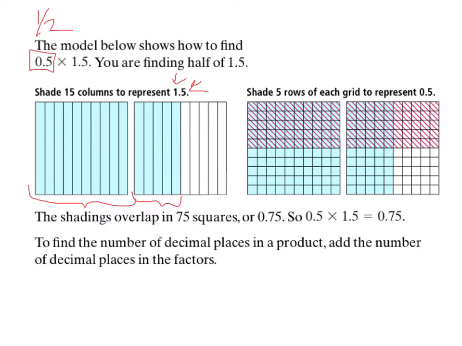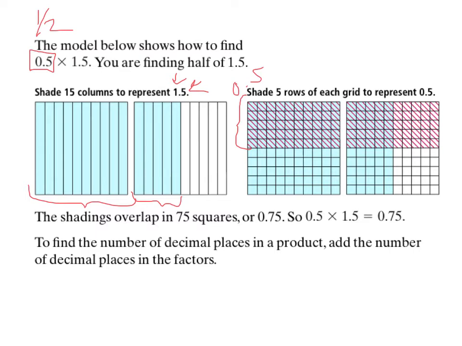Next, we're going to shade in the opposite direction for the 0.5 we're multiplying for. So here is our 0.5. Where the shading overlaps is our answer.